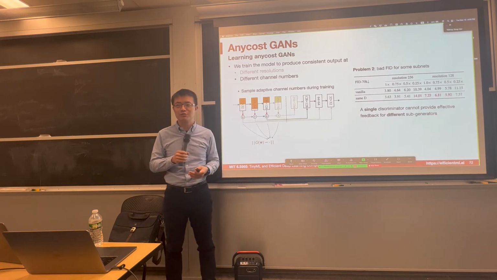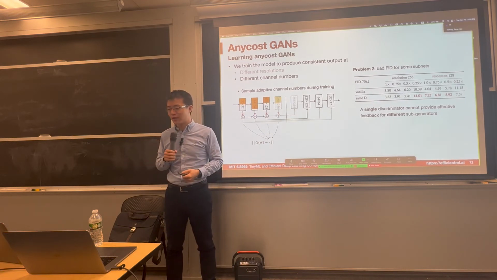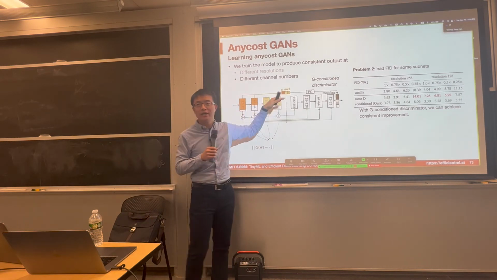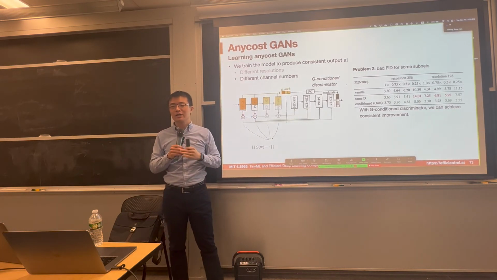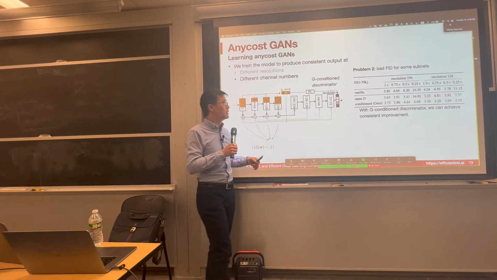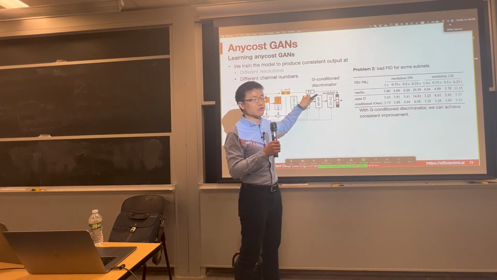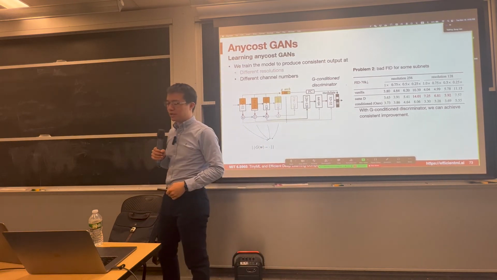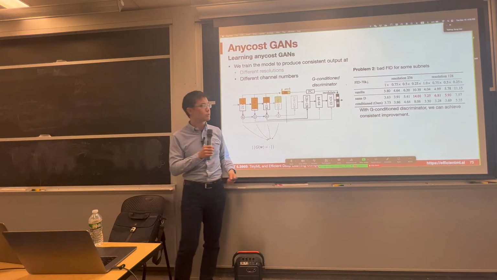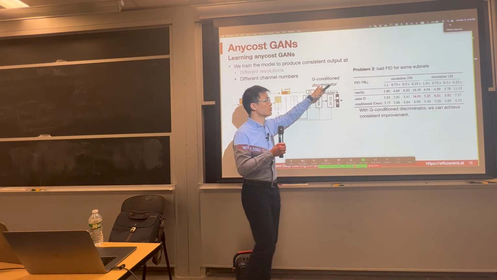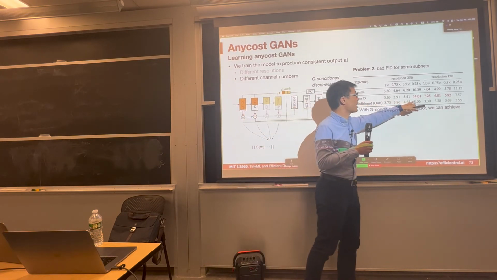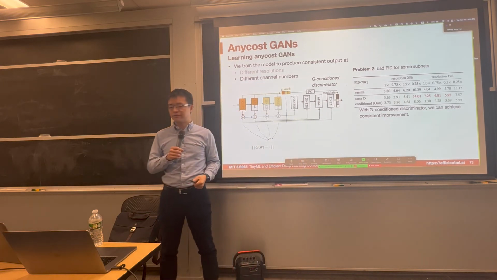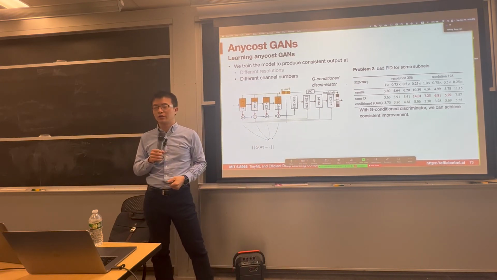If the generator is strong, the discriminator also has to be strong. Therefore, we encode the generator's architecture in a one-hot encoding indicating the number of channels, pass it through a few FC layers, and modulate the channels of the discriminator. So it's a generator-conditioned discriminator. After applying that, we can fully recover the FID of the partial generator.